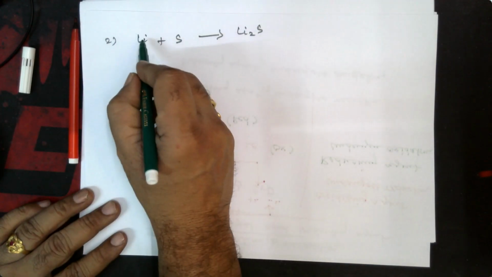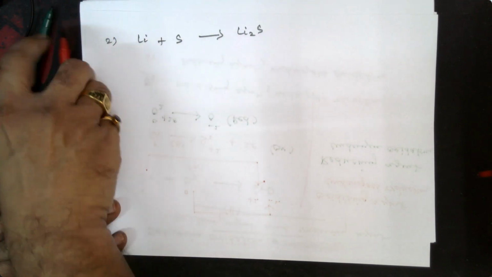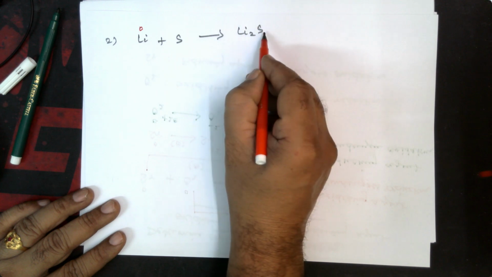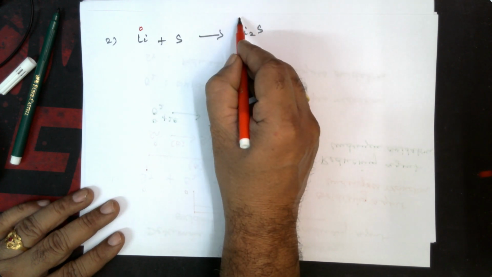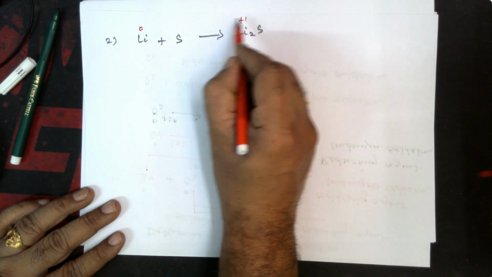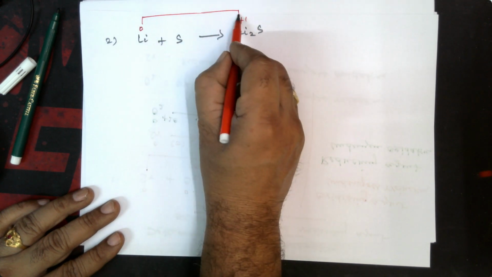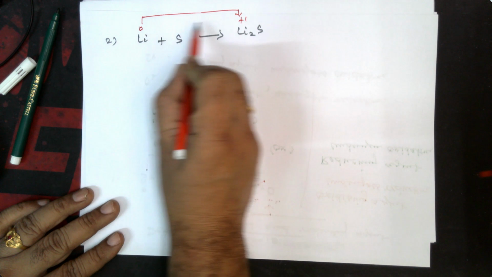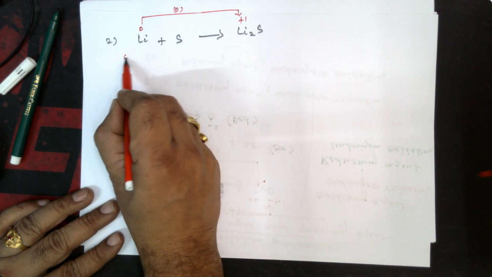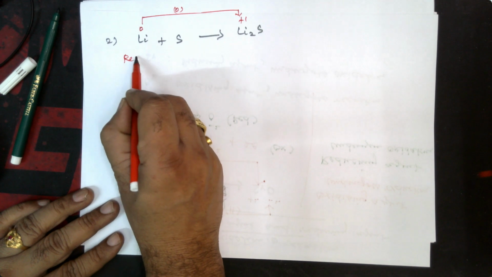So in this case, lithium, it has got 0 oxidation state, that becomes +1 here. Okay. So 0 becomes a +1 means there is an increase in oxidation number. Put immediately oxidation. And this is the reducing agent. That's all. Okay.